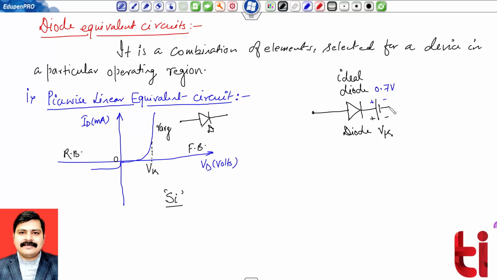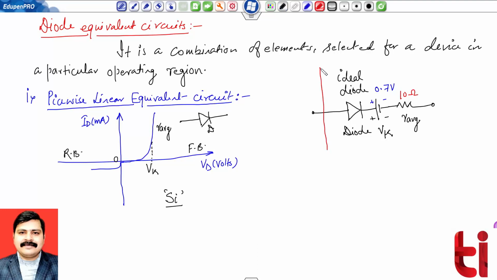That means there will be involvement of resistance, and in order to handle large swing of AC signal, I am writing over here R average. In most situations, the typical value of resistance is very low. I am considering a particular value of 10 ohm.